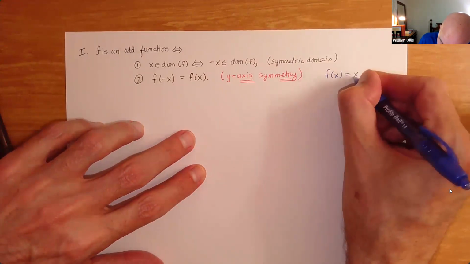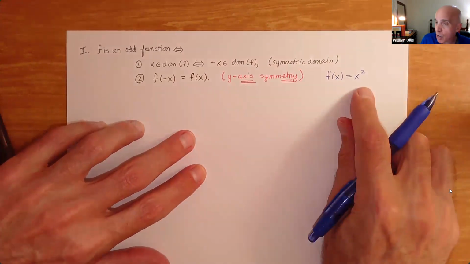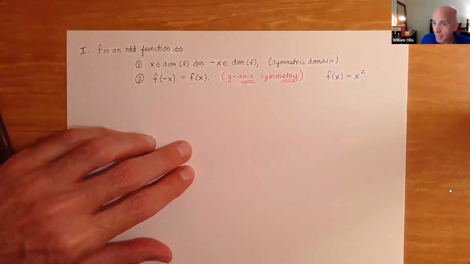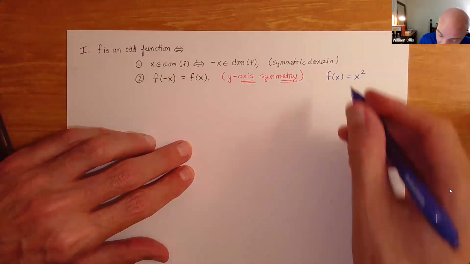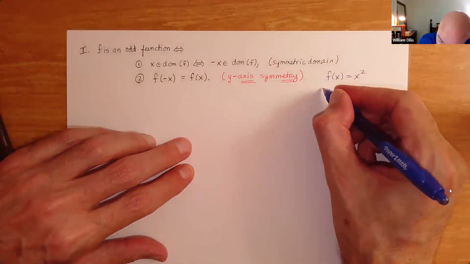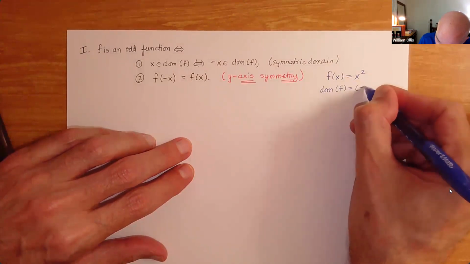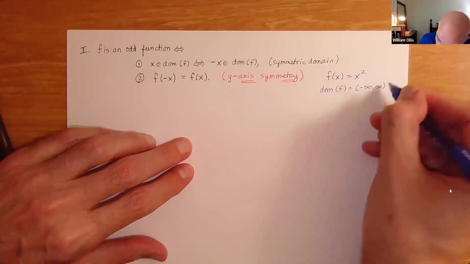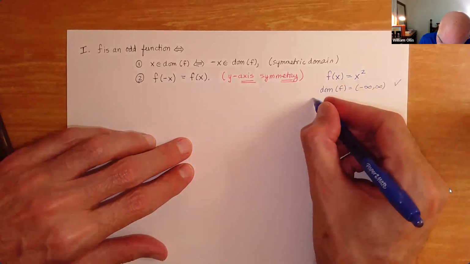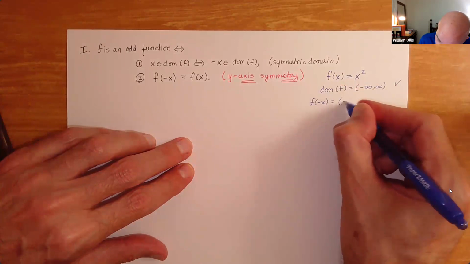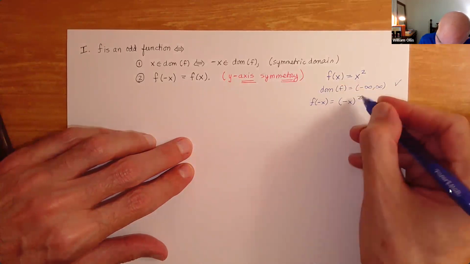Now, why is this very simple? Well, the domain is all real numbers, which is clearly symmetric relative to 0. You get the x and the additive inverse for free. So the domain of f is all reals, and we're not making a restriction here, so that's a check. And then, of course, f of the additive inverse of x is the additive inverse of x, squared.